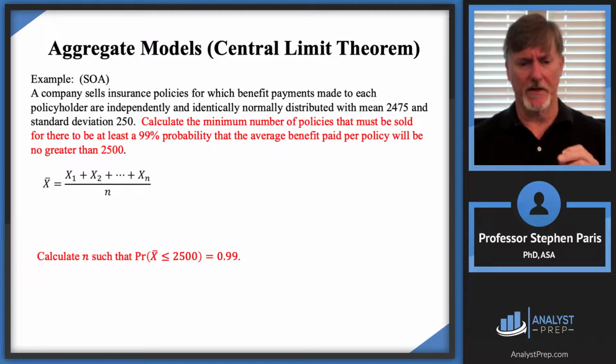So the probability of what? That the average benefit payment, that's the cap X bar, will be no greater than 2,500, that is, cap X bar less than or equal to 2,500. I want the probability of that event to be equal to 0.99.